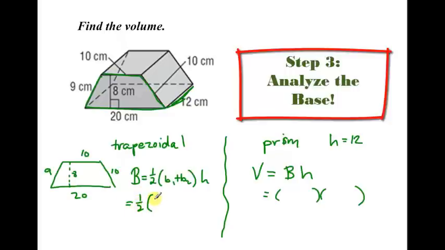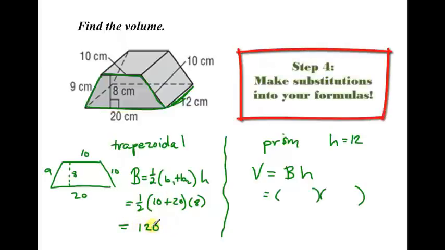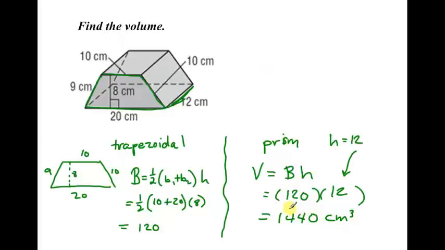Plugging in, we're going to get 10 and 20 in there for the bases times the height of 8. So our total for the base area is 120. Now we're ready to finish this off by putting that 120 in the volume formula times that 12 as our height, and multiplying that all out, we get 1,440, and our cubic units are cubic centimeters here.